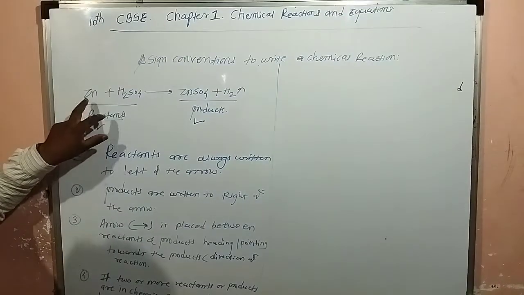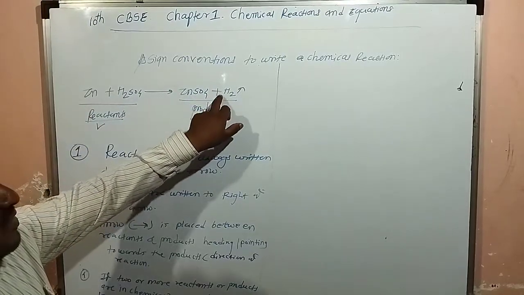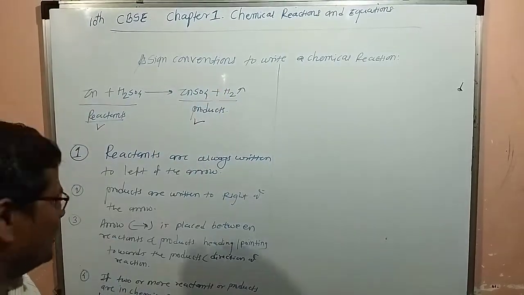So here we have written two reactants, so they are joined by a plus sign. Here two products are there, they are joined by a plus sign.